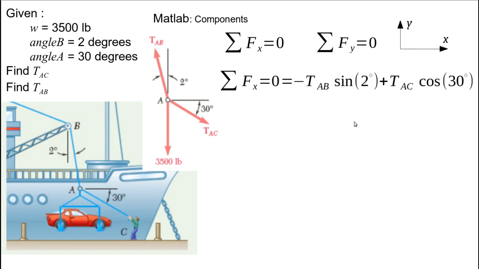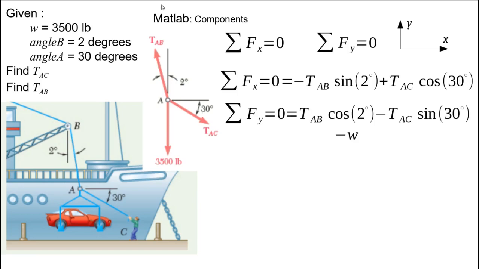When we do that, we end up with sum of the forces in the x direction, and we get TAB pulling to the left, so it is negative TAB, and we do sine because we want the opposite component from the 2 degrees. And we have TAC pulling to the right, so it's positive, and it's cozy here with the 30 degrees, so TACX would be cosine of 30.